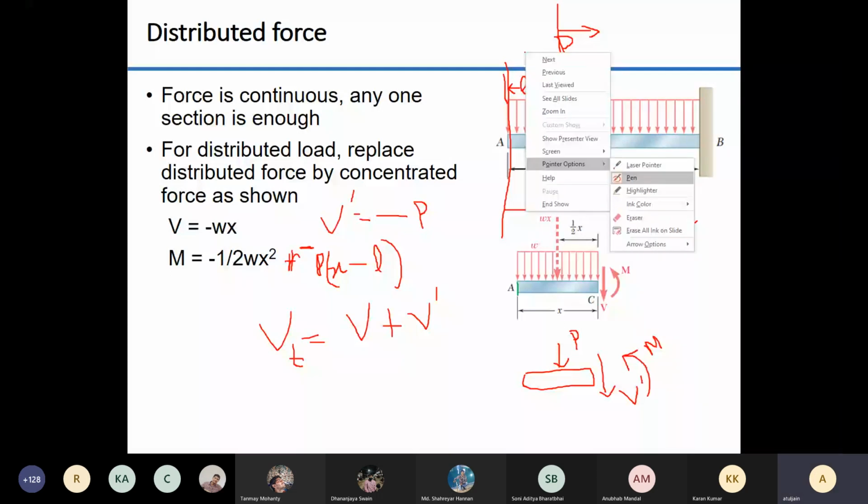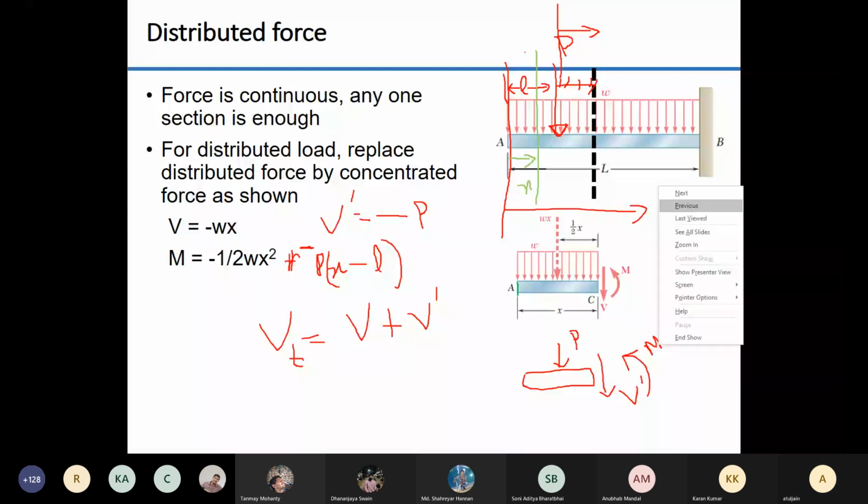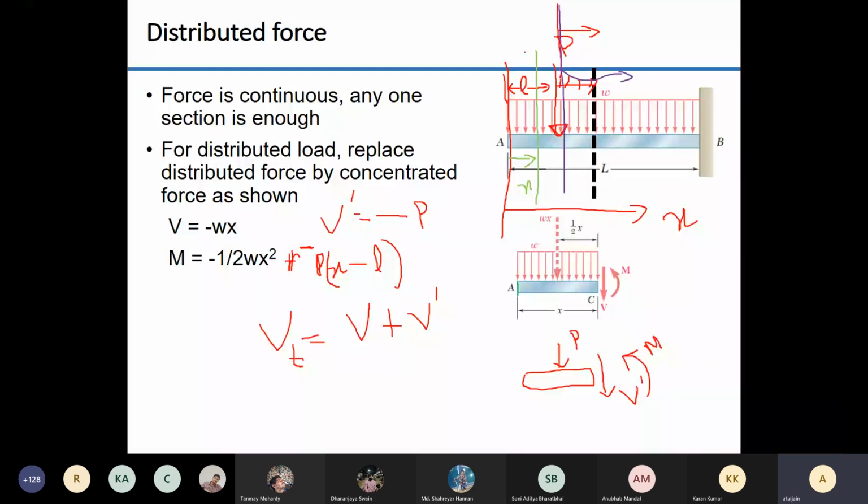Say you made a section here, then you start from x. Say you made another section, and then another section here, and you measure x from here. This is very confusing. It will lead to a lot of errors. My suggestion is that always measure x from the tip.